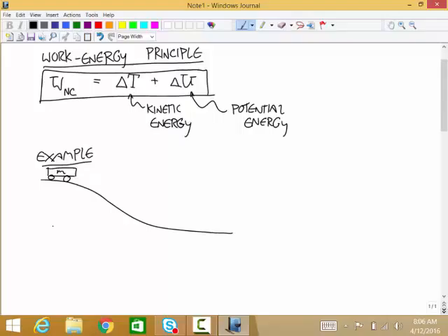Wait, I didn't want to do this one yet, did I? No, sorry. Let's save that one. All right, so we did the one with the skier. So now let's do a similar one, just a simple. Did we do the one with the spring yet? We haven't done a spring yet, have we? Okay.